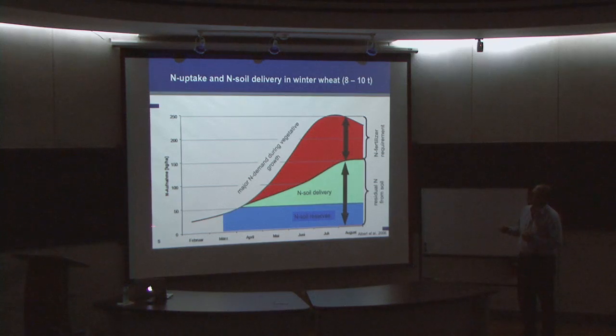And most of the uptake does not occur in winter, after we've sown the winter wheat. Most of the uptake occurs much later, when the growth is for some time exponential in spring, in March, April, May, or June even.